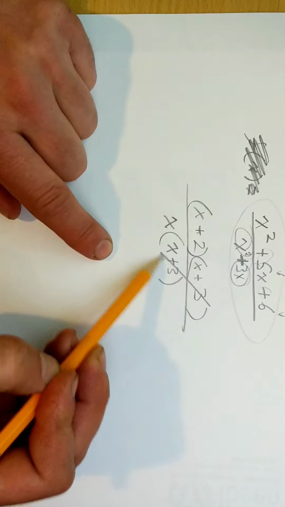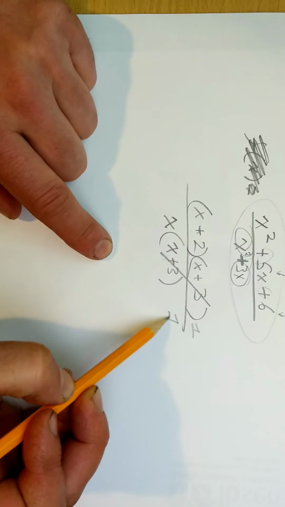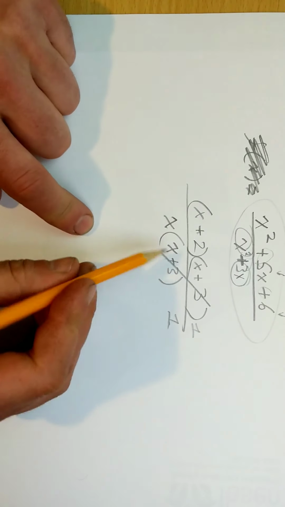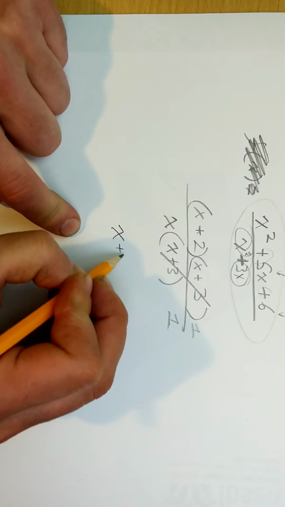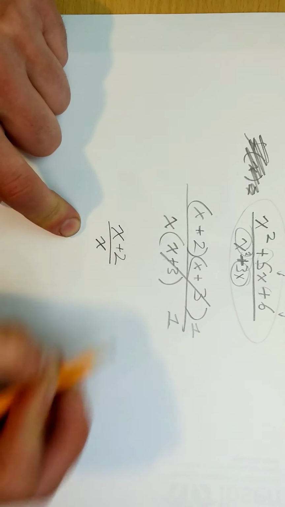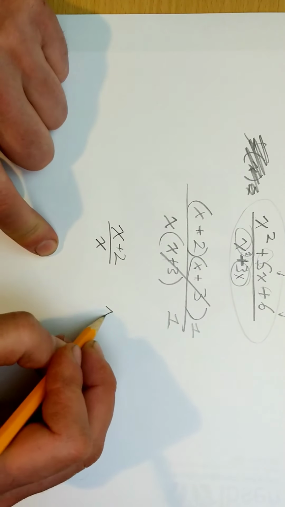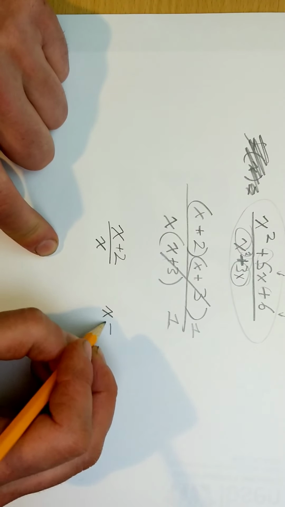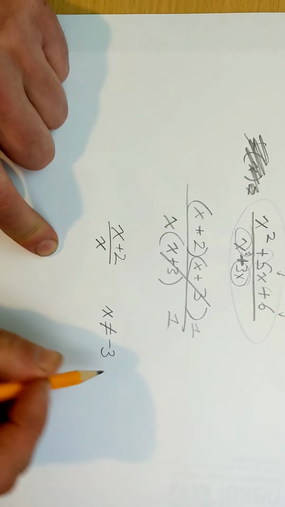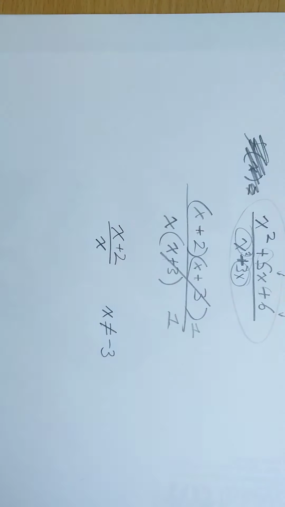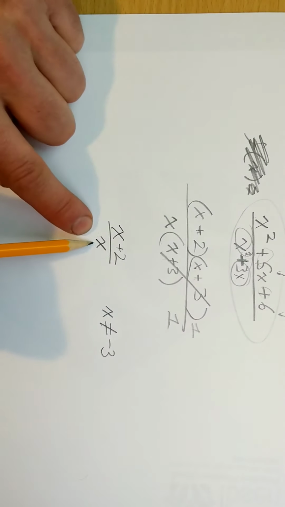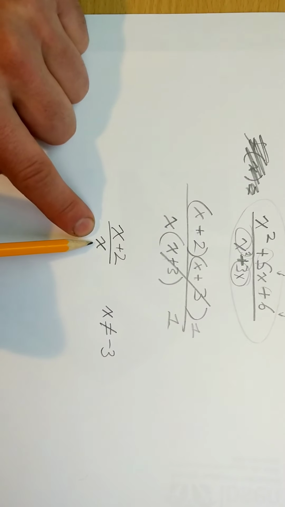It simplifies to 1 over 1. And so we can rewrite the expression as x plus 2 over x. But remember, x cannot be negative 3. So there's two answers to these questions. Now, you might also notice that x cannot be 0 right now.